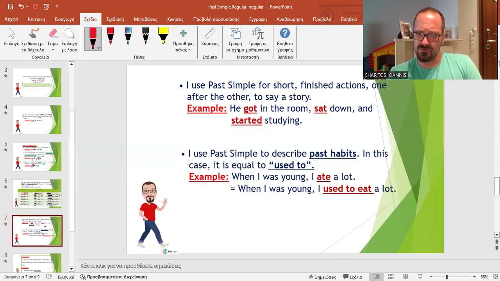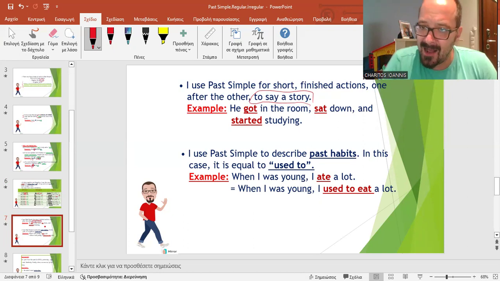What about the use? Two main rules. I use past simple for short finished actions that happen one after the other. And this is what I do usually when I tell a story. For instance, he got in the room, sat down, and started studying.